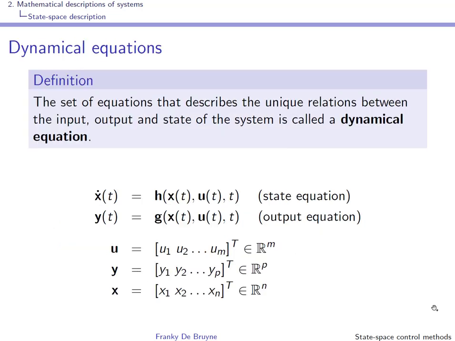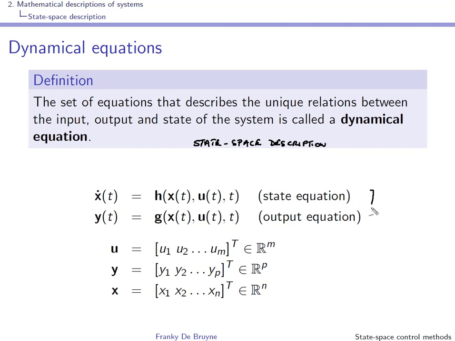The set of equations that describe the unique relation between input, output and state of the system is called a dynamical equation, and it's a state space description of the system.